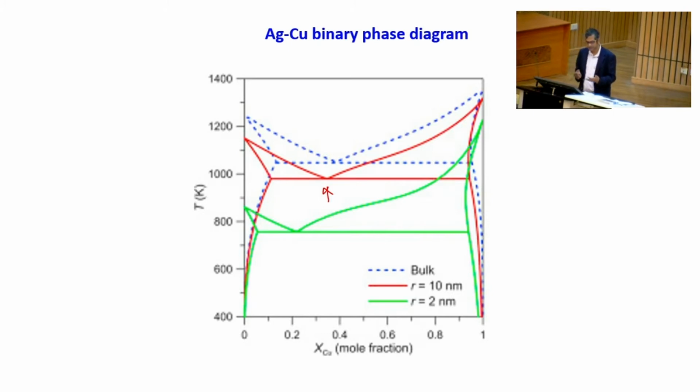So that is severely affected by the size. You can clearly see the bulk one is the dotted blue, and then the 10 and 2 nanometer size particles are shown in red and green respectively. You can see that these effects are very, very significant. They are not small effects.